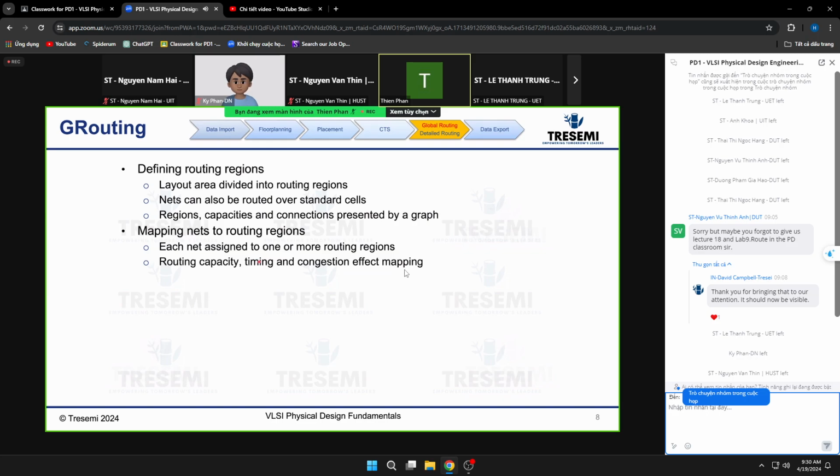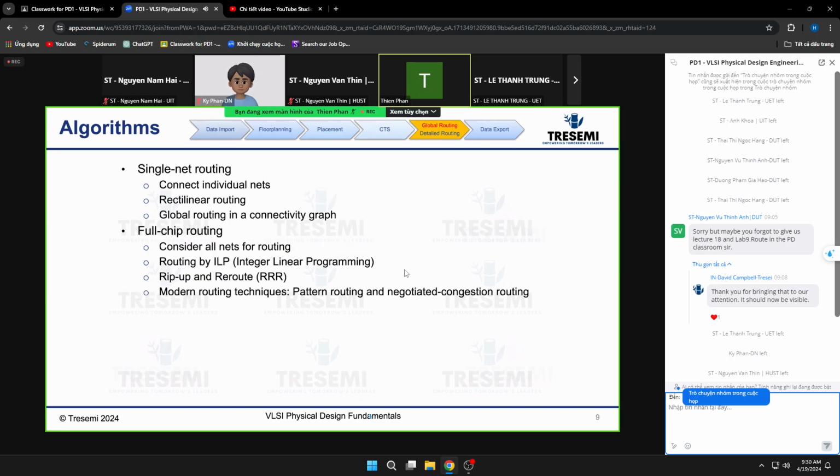Okay, so we're going to look at some of the ways that the tool tries to come up with the routing, right? Usually they break it into two big buckets. One is what I call single net routing, and another one is full chip.